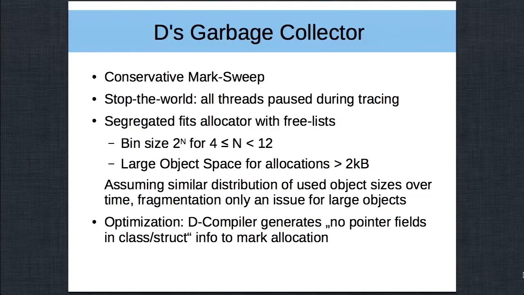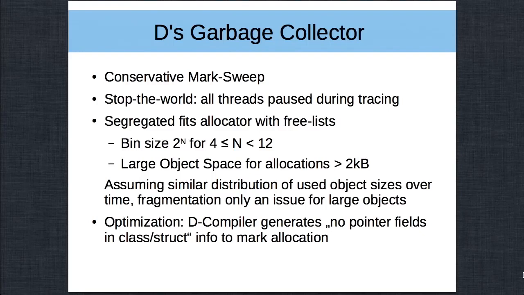That means it puts allocations of a given size into bins, in this case into powers of 2, and maintains free lists of allocation spaces where free objects can be allocated from. For allocations larger than 2 kilobytes, there's a large object space where allocations are in page granularity.